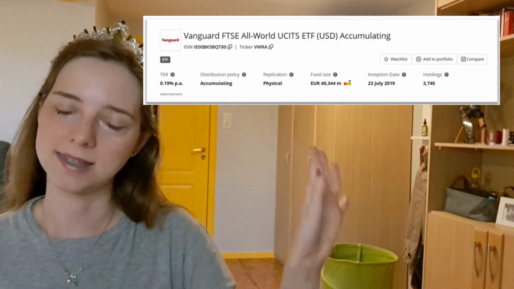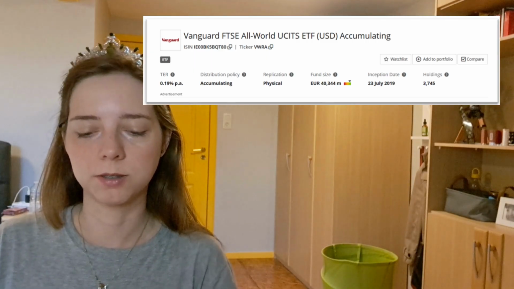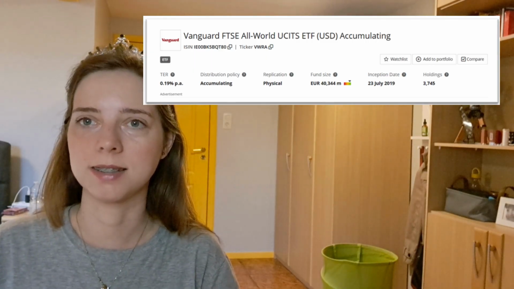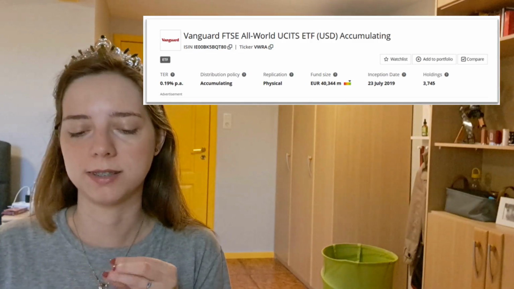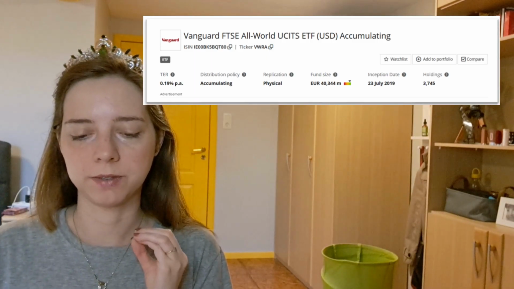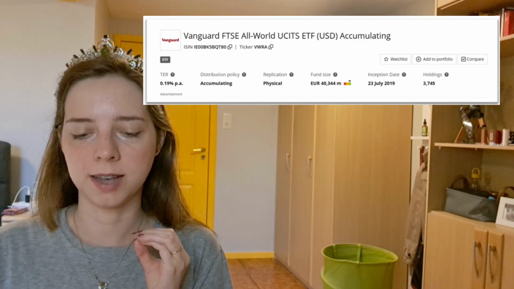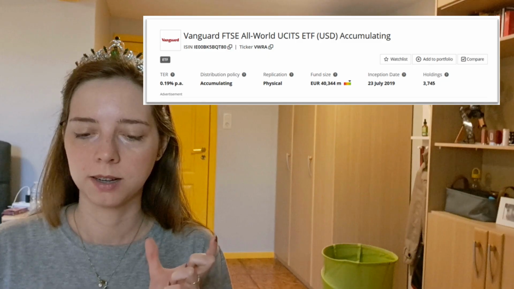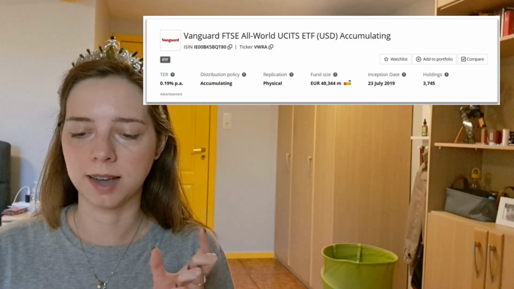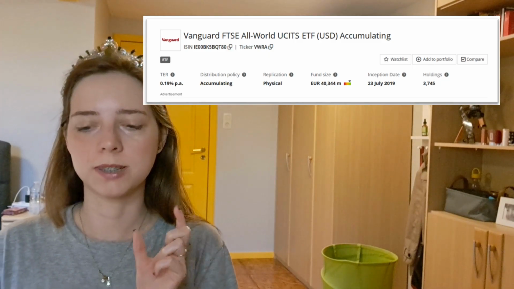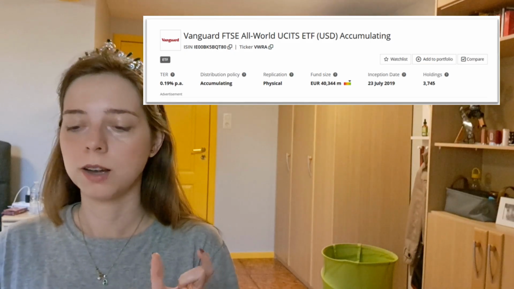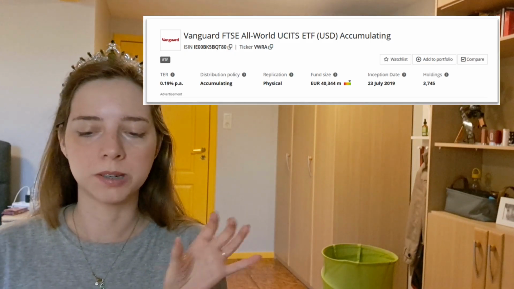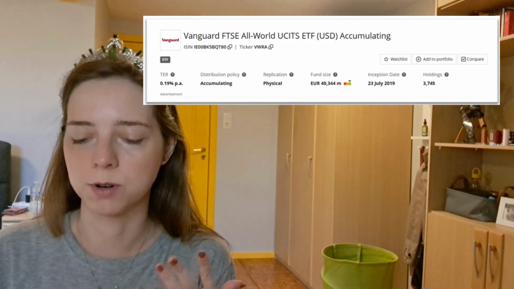Okay, so I'm going to scoot over so you can see the name really quick. So we have Vanguard, which is the creator of this ETF. Then we have the FTSE All World, which is the index that it's following. Then we have the UCITS, which I didn't know, but it's some kind of law in Europe, which makes it feel more safe.